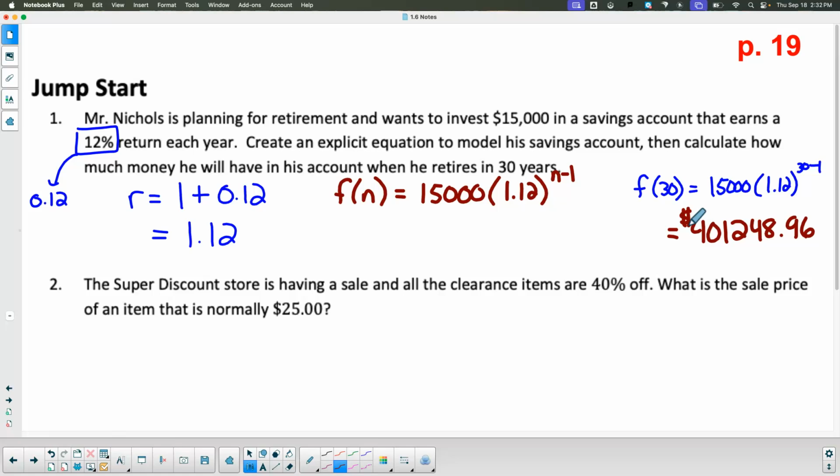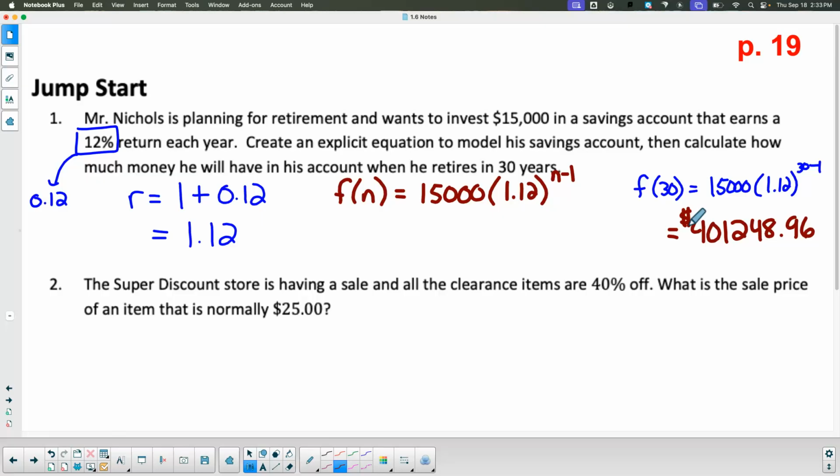Ready? Clear out. 15,000 times 1.12, the caret key. Oh, see, I did second. That's why.